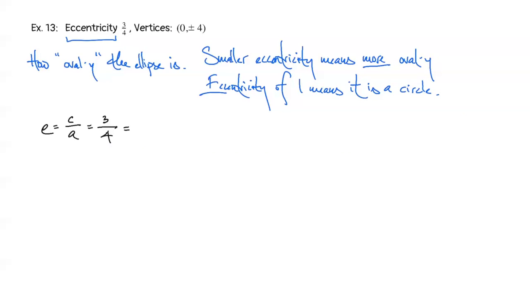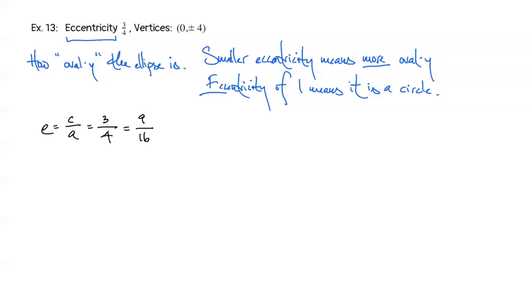What are some other possible values of c and a? What else could c and a be? Could it be the squared versions of them? Like 9 over 16? Yeah.